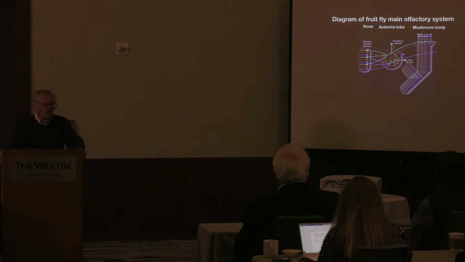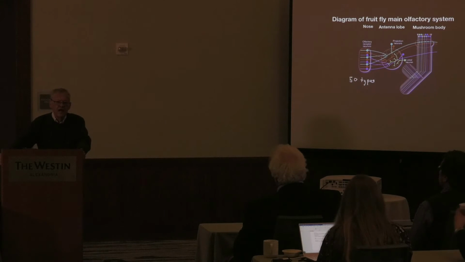How many olfactory neurons are there in the nose? There are 50 genetic types of neurons in the nose, and there are about a dozen copies of each type.